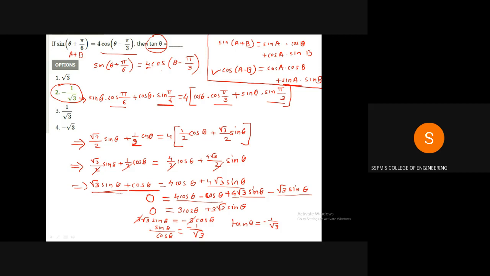Cos A cos B plus sin A sin B. If the sin A minus B expansion is asked, we just have to replace this plus with minus, and if here it is minus, we will write plus here. So these are a total of 4 formulas. You can remember just 2, and the other 2 you can guess.